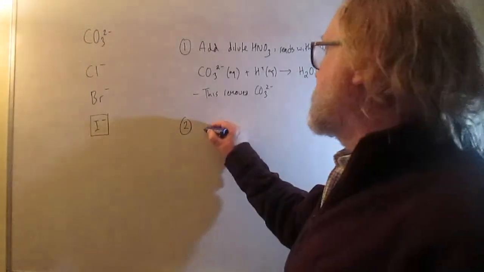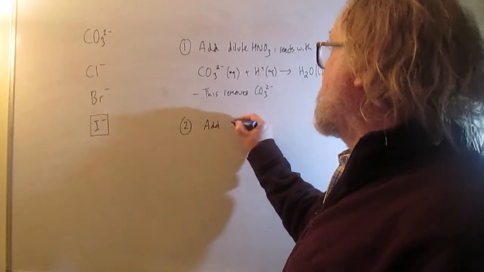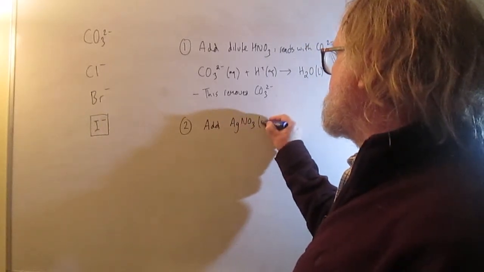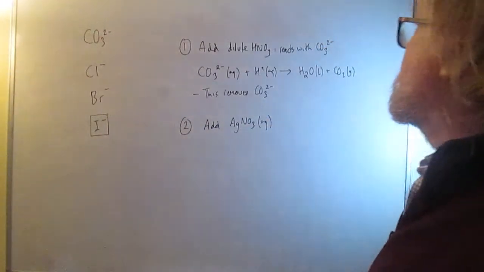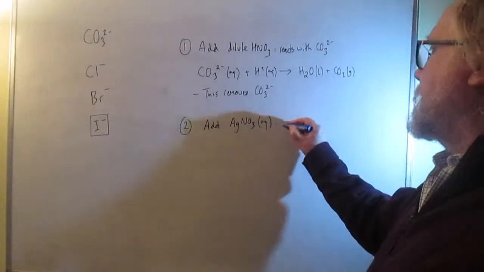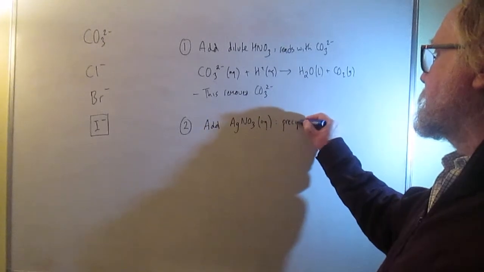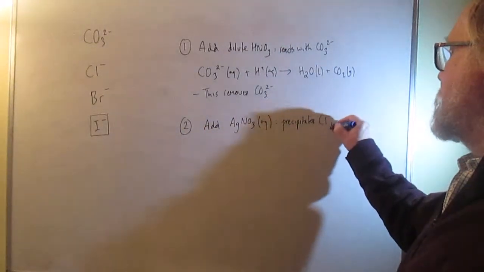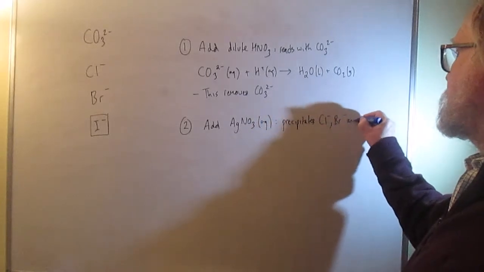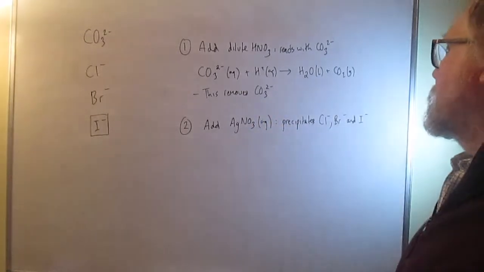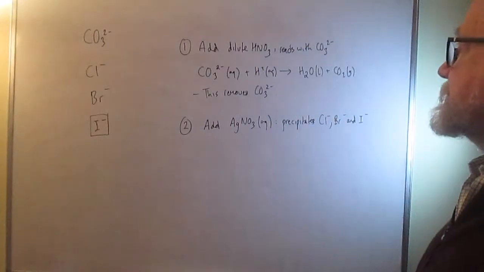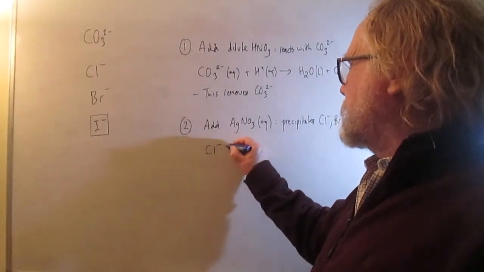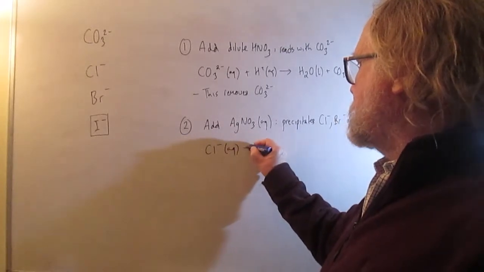So the second step is to add silver nitrate solution, which is AgNO3. And what that does is precipitates chloride, bromide and iodide. So all of those ions will precipitate out. And you probably don't need to write all of the equations because they're all basically the same.